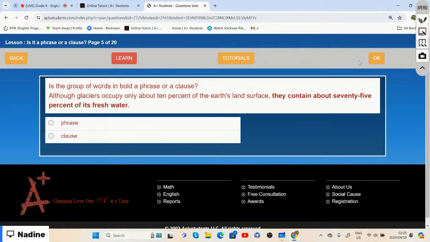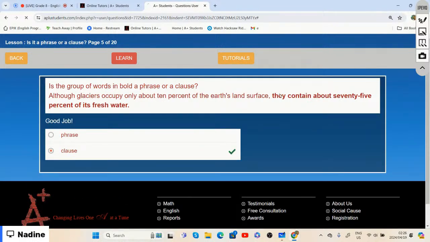Glaciers. Is this a phrase or is this a clause? We need to say if it's a phrase or if it's a clause, right? And in this case, we can say it is a clause.